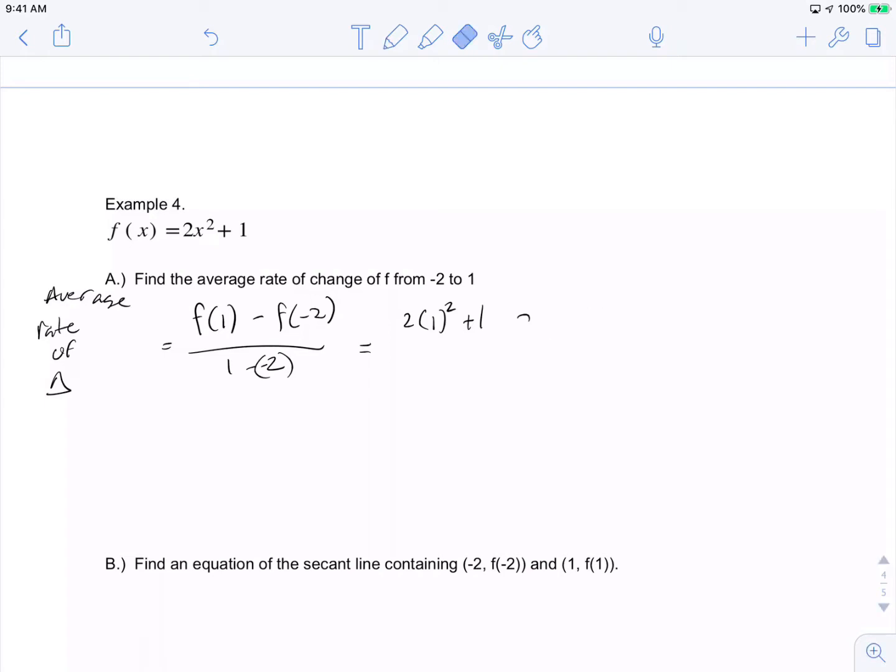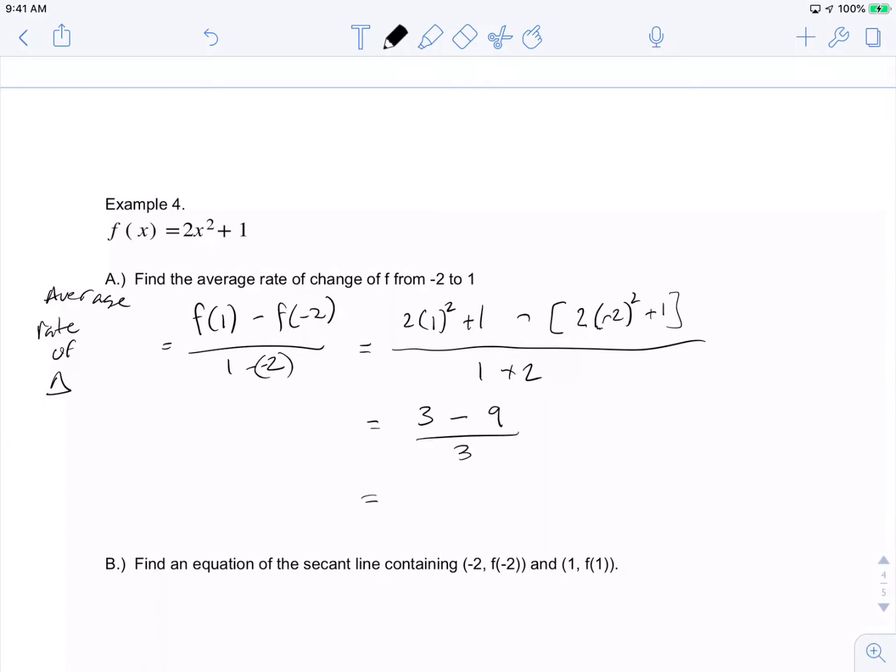My apologies, I'm plugging directly in: 2 times negative 2 squared plus 1, all over 1 plus 2. That's going to give us 1 squared is 1, times 2 is 2, plus 1 is 3, minus negative 2 squared is 4, times 2 is 8, plus 1 is 9, all over 3.